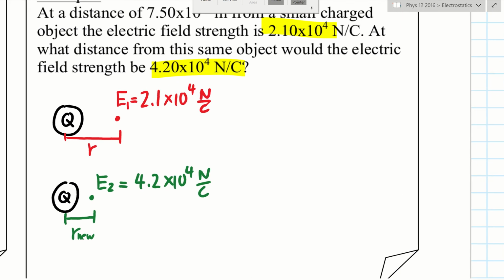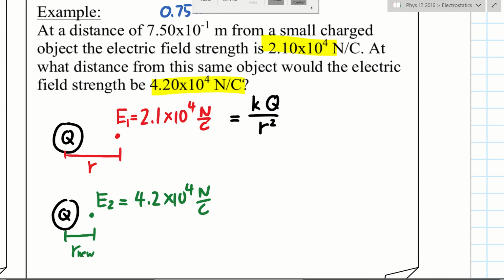Now, what we can do here is actually quite fun. We know that this equation equals KQ over R squared, right? The old R, we actually are given, by the way.